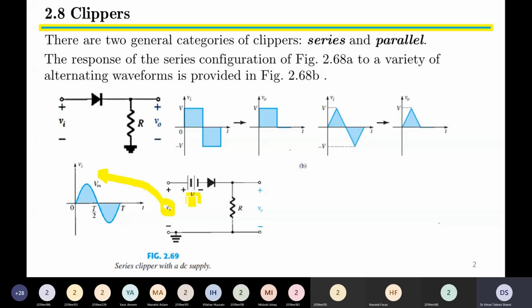Such a circuit is also a clipper, and it will not only remove unwanted parts of the signal, it will also change the voltage. It will also provide us level shifting. This is the other capability of the clipper circuit, as we talked about earlier, and we will do this in the next slide.